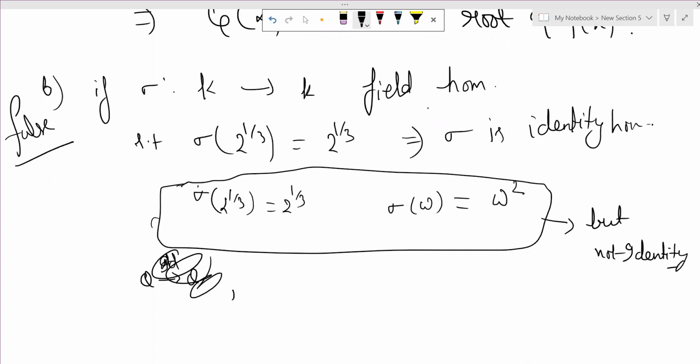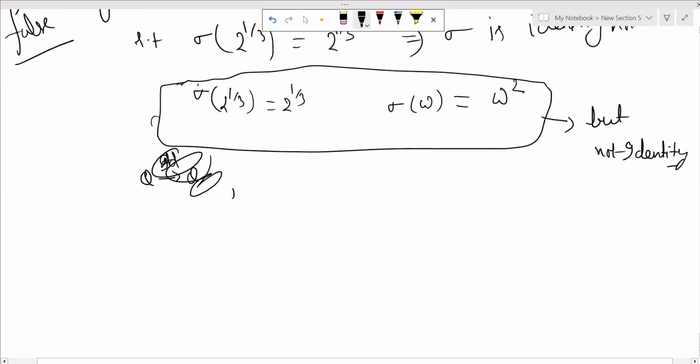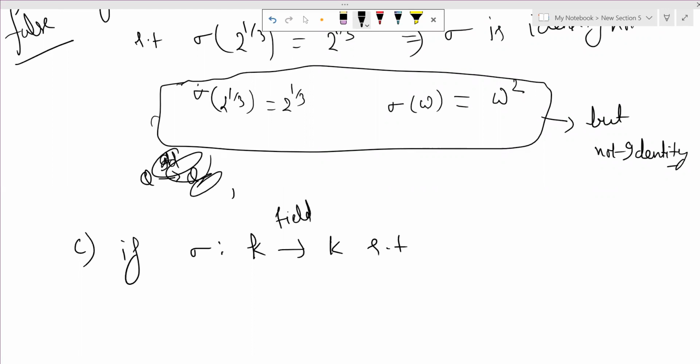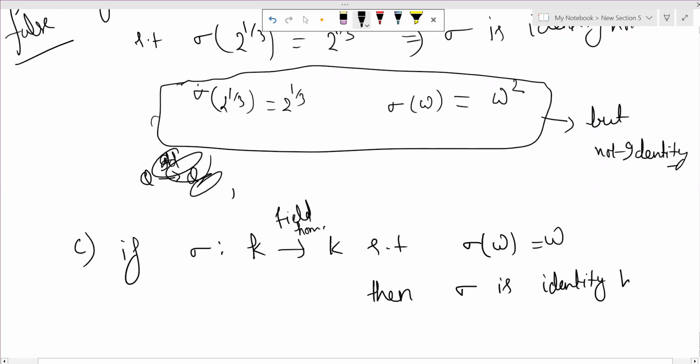The third part is saying, similarly, if sigma mapping K to K is a field homomorphism such that sigma of omega equals omega, then sigma is identity homomorphism. Is this true or not? False, sir. Why?